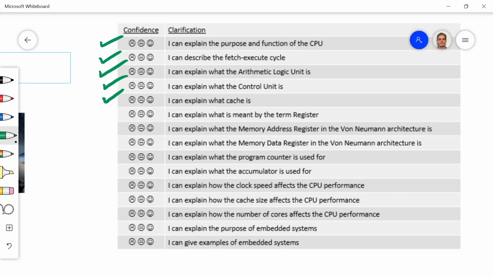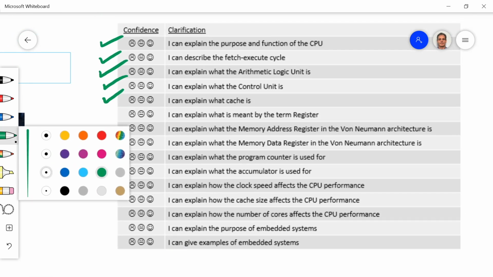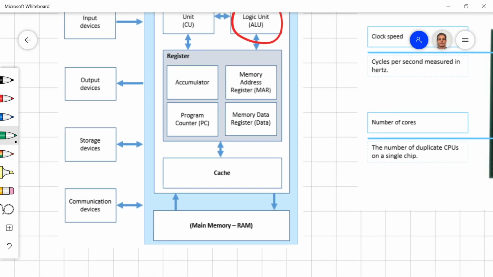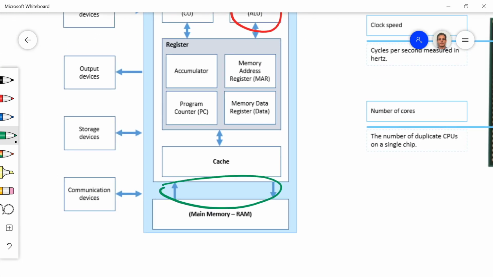I can explain what the memory address register and the data register are for in the von Neumann architecture. Okay, the von Neumann architecture is essentially the idea that we get our instructions and data from main memory. We fetch, and then we decode and execute. So the instructions and data come from main memory.